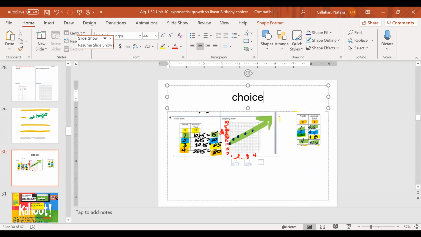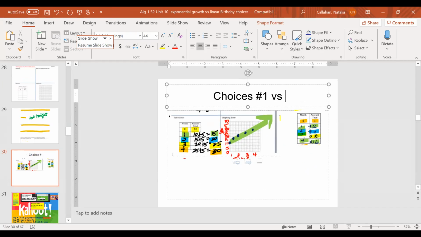Choice number 1 versus choice number 2. All right, so let's take a look at this part here.